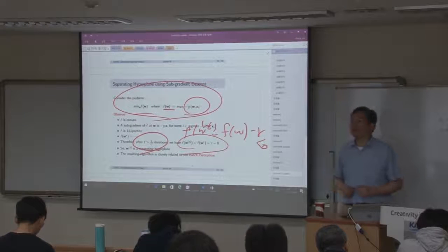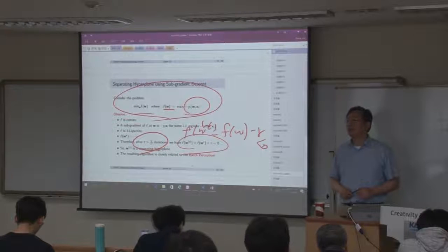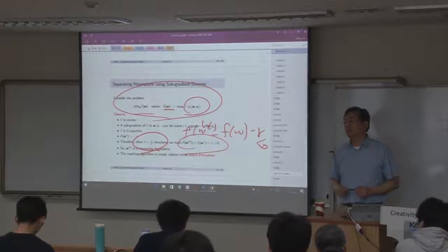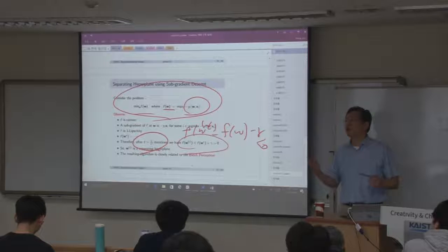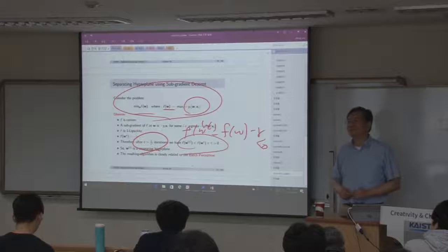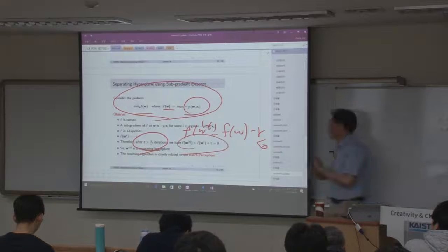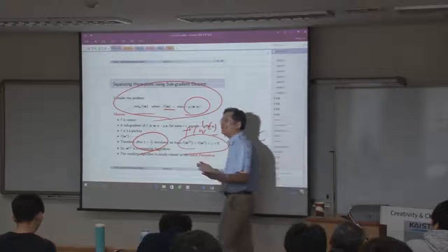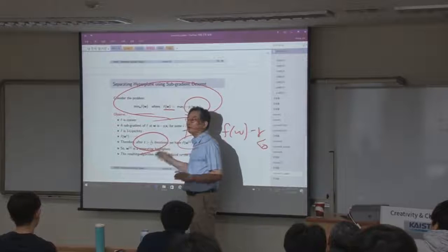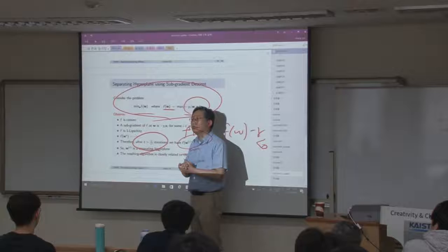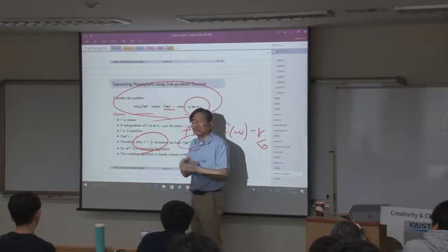If you can tell me this, I will give you, everyone's looking at me, 3 points in the midterm. Three points. It's not difficult. After this many iterations, we're doing subgradient descent. Just look at the notes, what I've said so far.